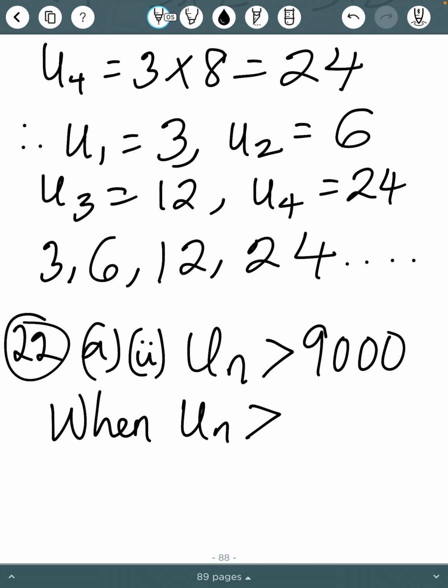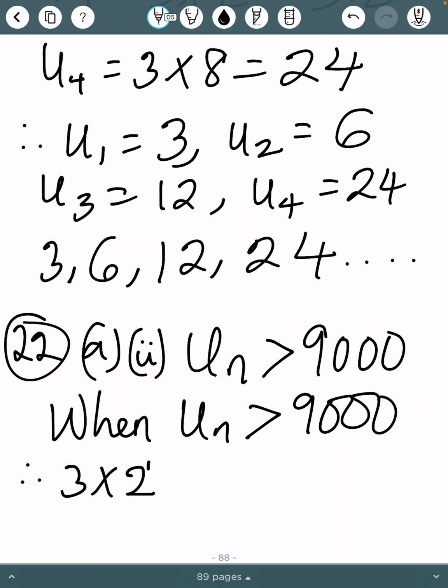Now, we want to look for the value of n for which un is greater than 9,000. So that means we want to look for the value of n for which our nth term un will be greater than what? 9,000. So here we say when un is greater than 9,000, it means doing 3 times 2 raised to power n minus 1 will give us an answer greater than 9,000.